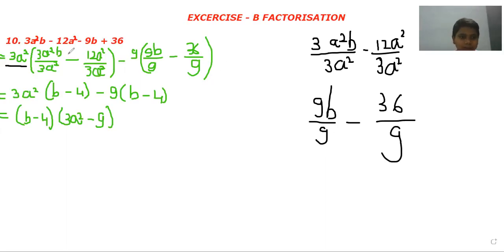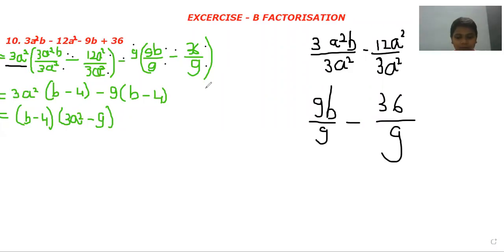So then I wrote 3a square b divided by 3a square minus 12a square divided by 3a square minus 9b divided by 9 minus, because when there is a minus before the bracket, in the bracket we have to change the sign from plus to minus, or if there is plus or minus already, we have to change it to plus. So then 36 divided by 9.